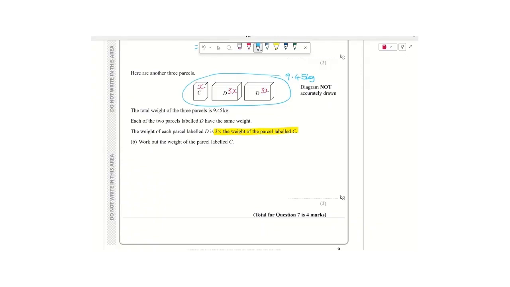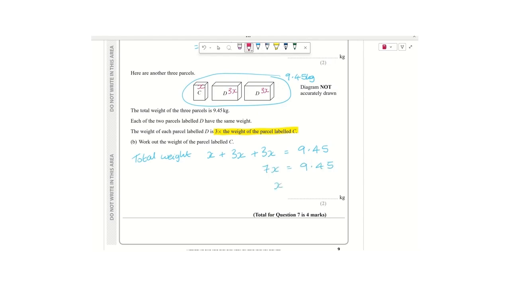So the total weight of all 3 parcels is X plus 3X plus 3X, and that we know has to equal 9.45 kilograms. So if I add my X's all up, 1 plus 3 plus 3 gives me 7X, is 9.45 kilograms.